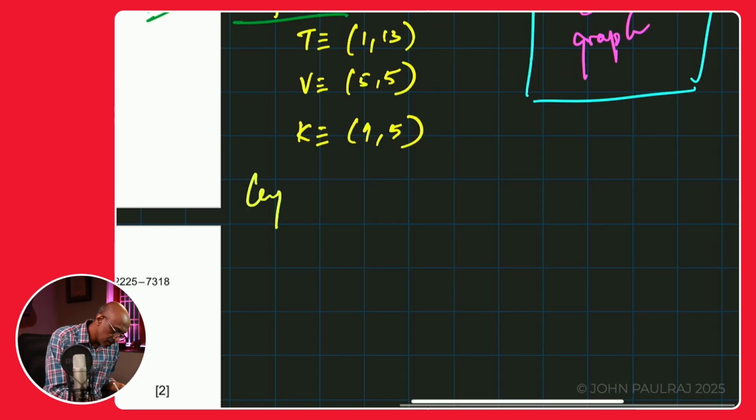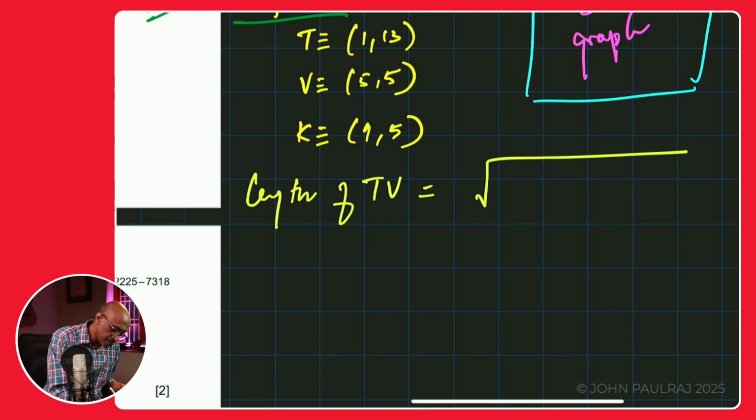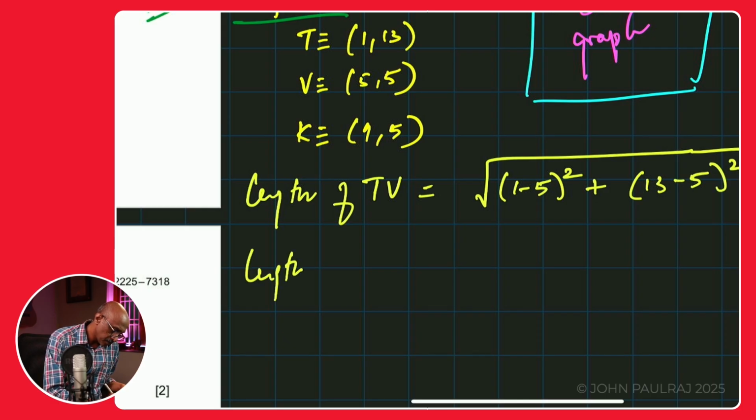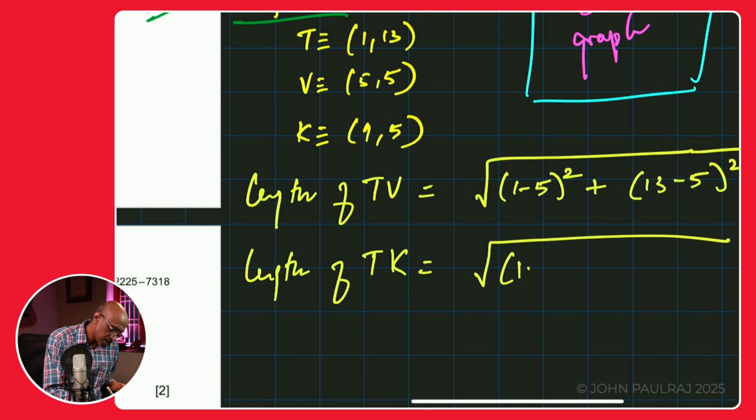So, of TV using the distance formula, you have to show the substitution. 1 minus 5 or 5 minus 1, doesn't matter, it's the square. So 13 minus 5, the whole square. The same way, length of TK would be under root 1 minus 9 the whole square plus 13 minus 5 the whole square.